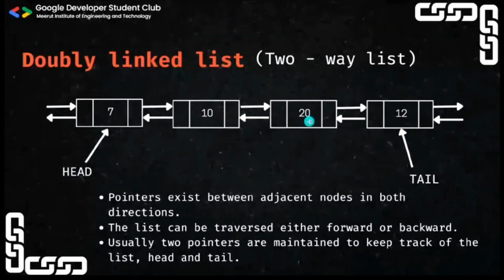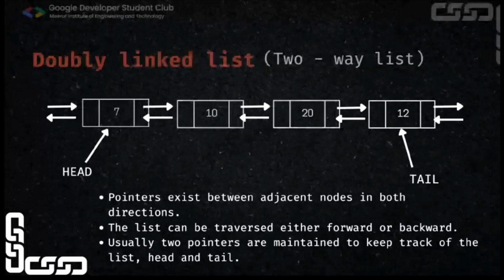Now if you want to go back, you can go back to this one because this node contains the address to its previous node as well as its next node. These types of linked lists are maintained by using list head and tail pointers.